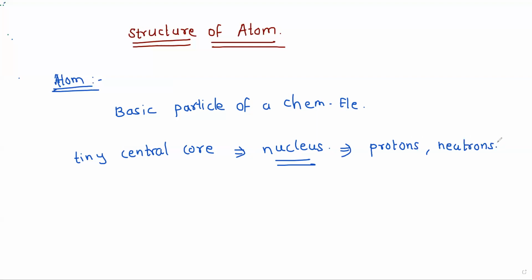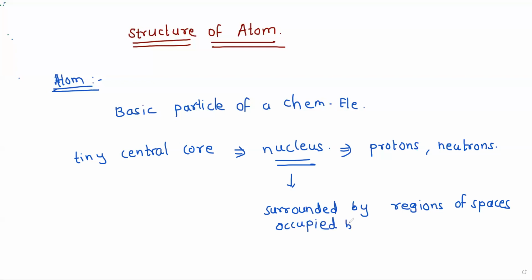The nucleus consists of protons and neutrons, and the nucleus is surrounded by regions of space occupied by electrons. This is very important basic information about the atom, and we will see this diagrammatically as well.